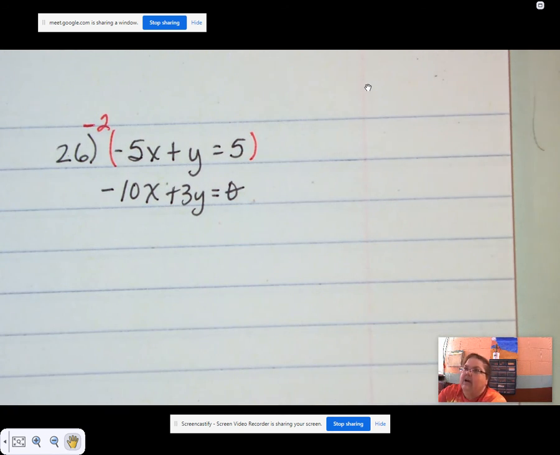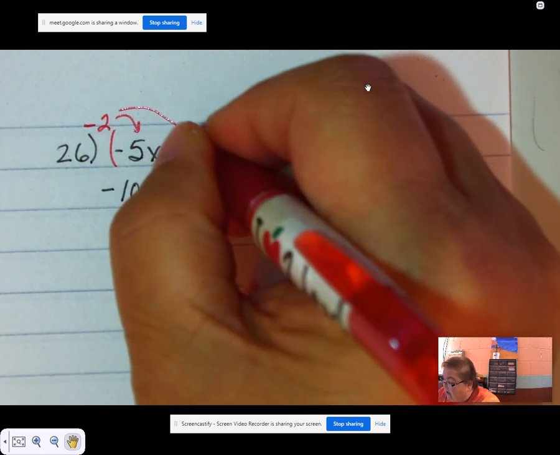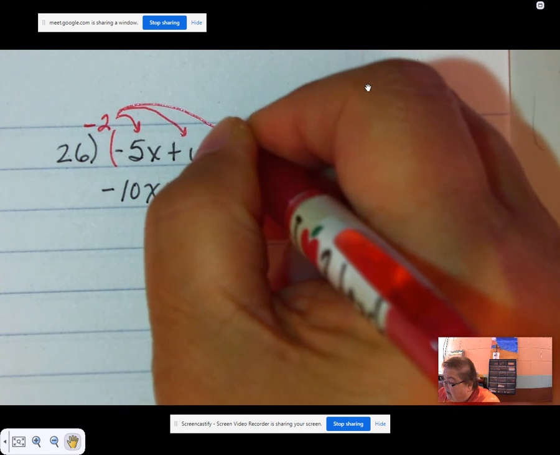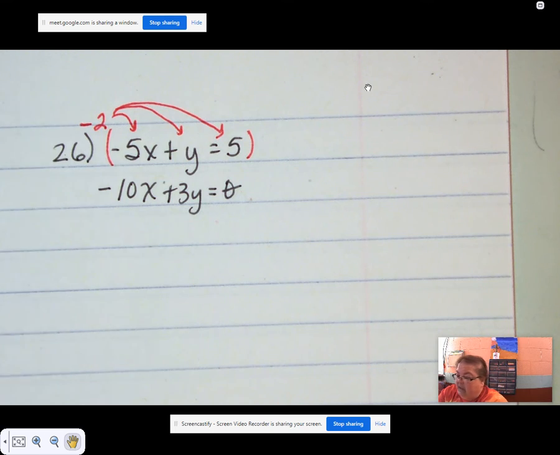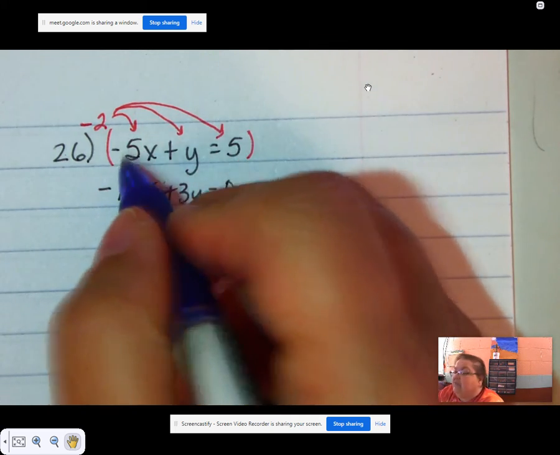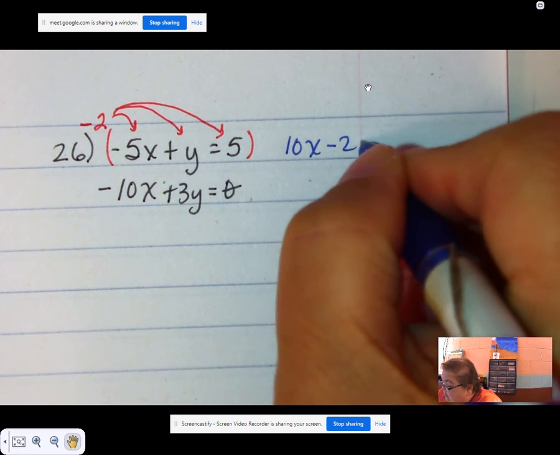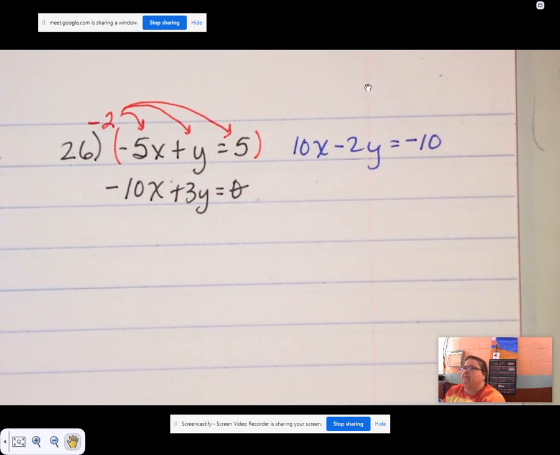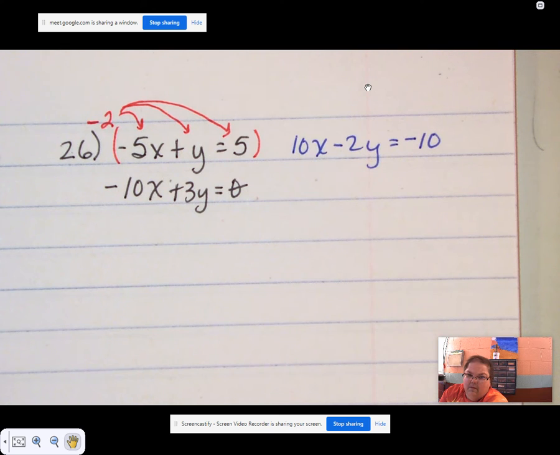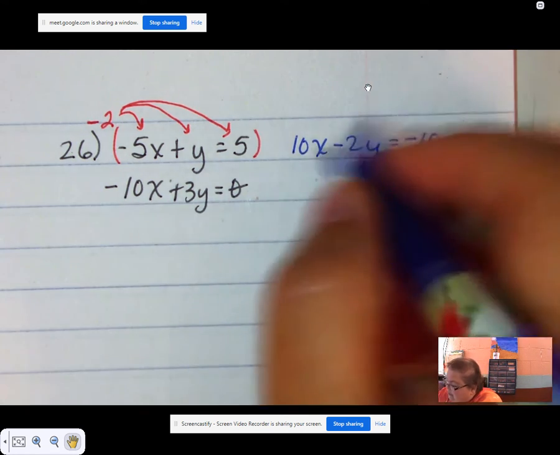-2. Because now, and Hunter is correct, make sure you distribute it all the way across. Okay? So we get -2 times -5 is a positive 10x minus 2y equals -10. We did nothing to the second equation, bring it straight over.